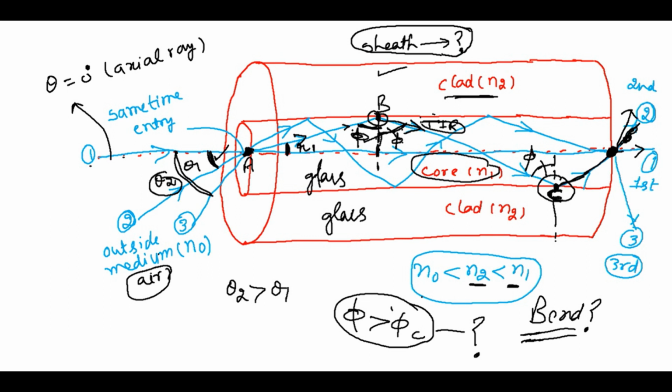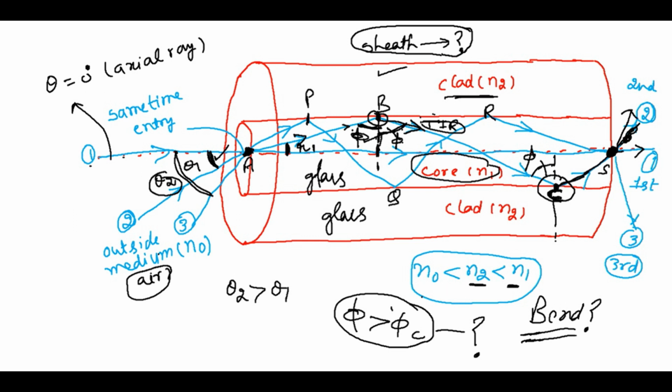It will suffer at, let us say, P and Q and R, and this point is, let us say, S. The distance traveled by it within the optical fiber will be more as compared to the distance traveled by ray number 2. So therefore ray number 3 will come last. Out of these three rays which I have shown in the diagram, ray number 3 will come out of the fiber at last.